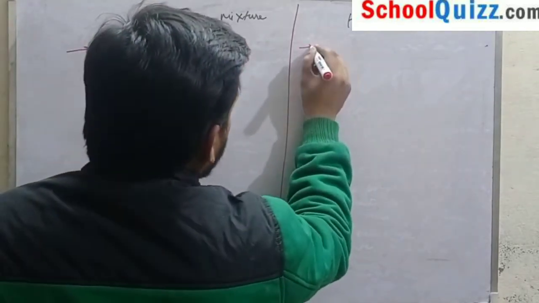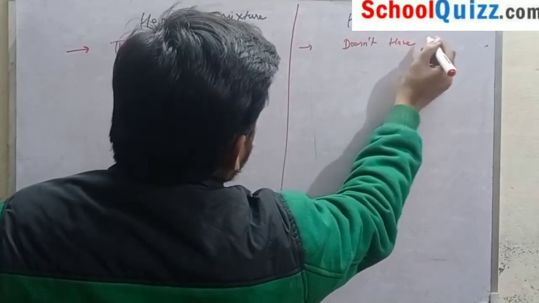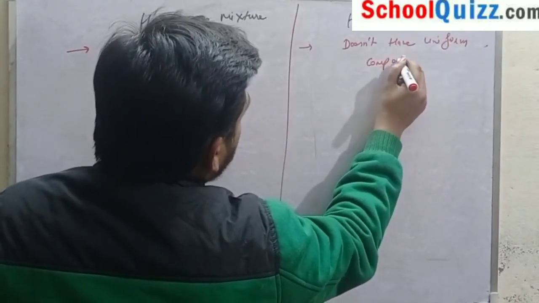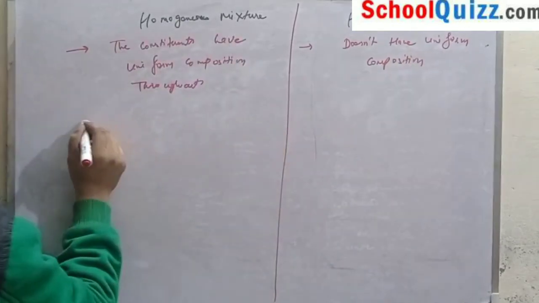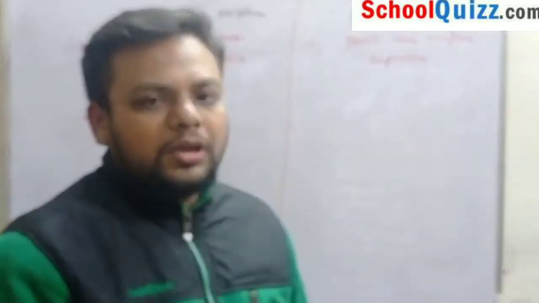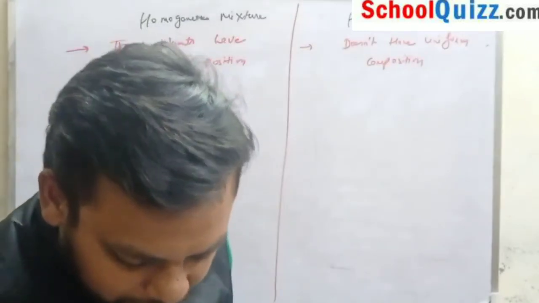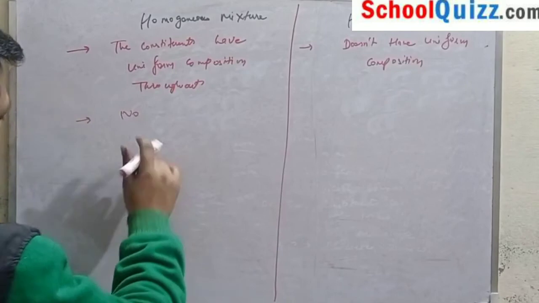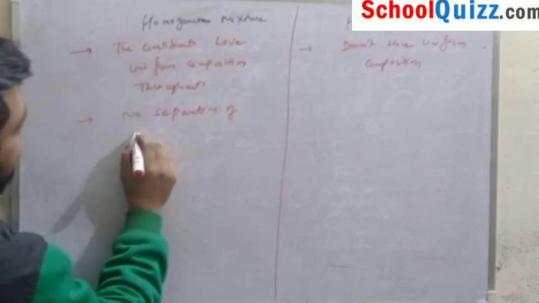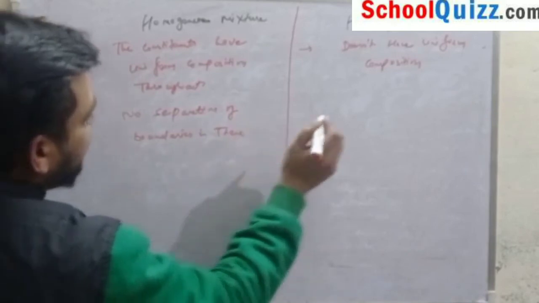Here there are no distinguishable boundaries, or we can write it as no separation of boundaries is there.